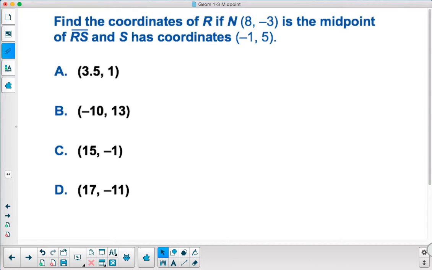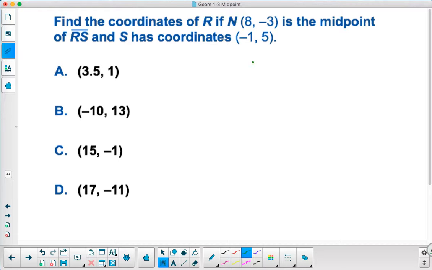Now this problem's a little bit different because if you read it carefully, it says N is the midpoint of segment RS. So I'm giving you one endpoint, then the midpoint, and you have to find the other endpoint. For this first one, it might be worth graphing to see where the answer is going to be.